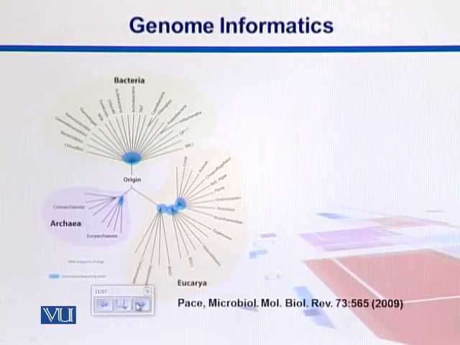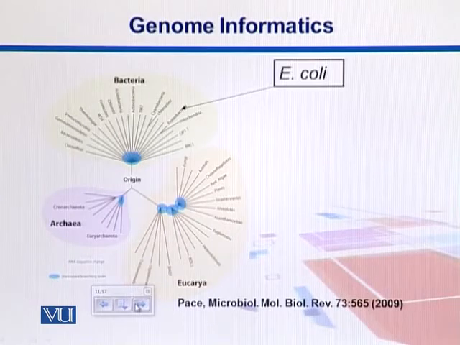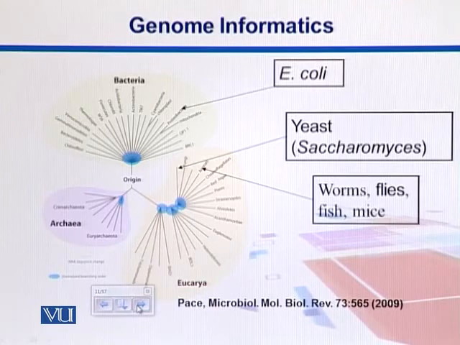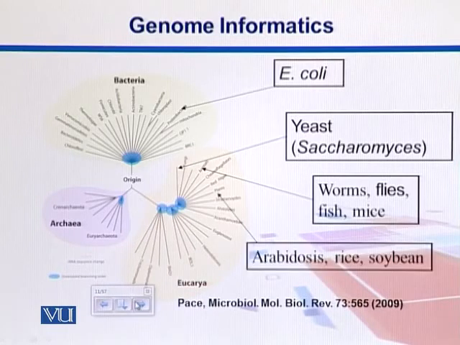So we pick those model organisms from important branches of this tree of life. For example, E. coli is right here. We pick yeast as an example of fungi. From animals we have worms, flies, fish and mice. Arabidopsis, rice and soybeans are examples from plants. So we try to get the best representatives from different classes, from important branches on this tree of life.